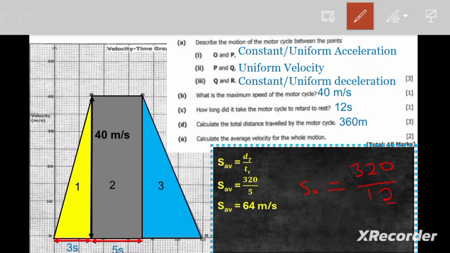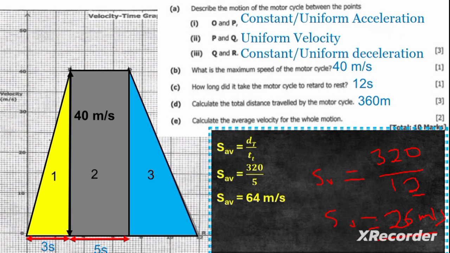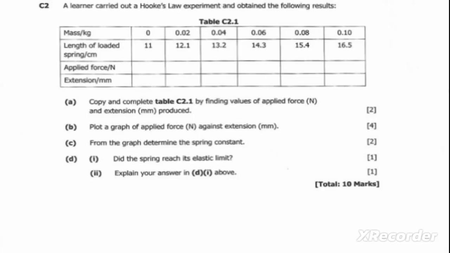So average velocity, therefore, is equal to 26 meters per second. So our answer here is 26. We are done with this question. Let us move to the next question.